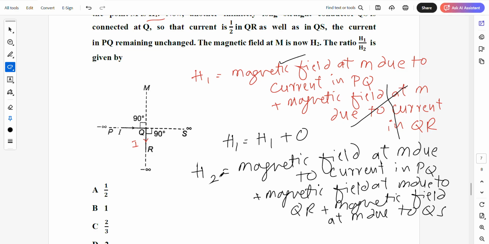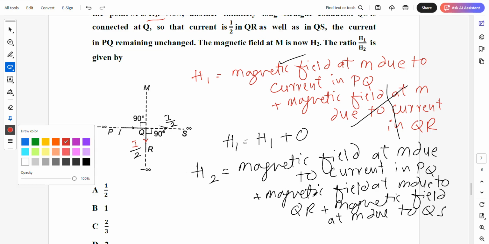In the second case, what is happening? This current is getting divided into two currents, that is I by 2, and this is also I by 2. Now, magnetic field at M due to current in PQ plus magnetic field at M due to current in QR will not be there. Why?